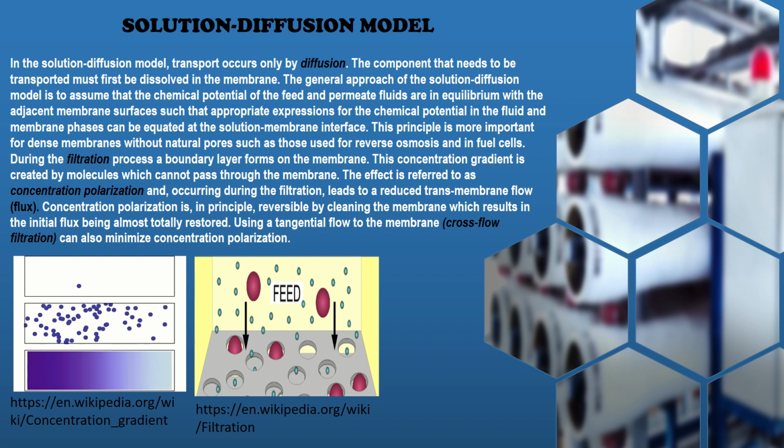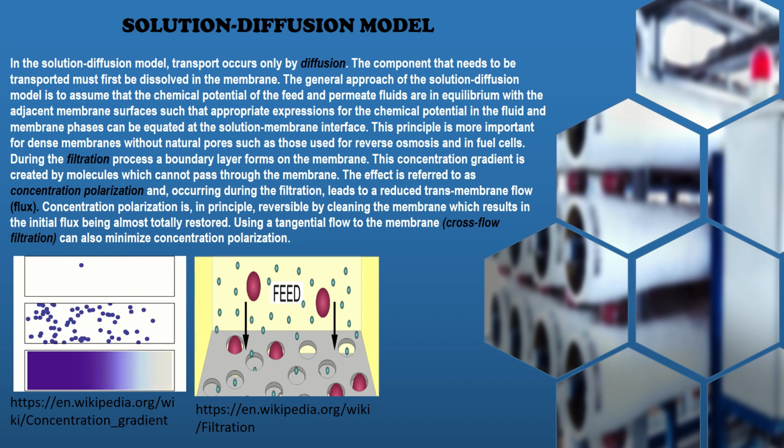This concentration gradient is created by molecules which cannot pass through the membrane. The effect is referred to as concentration polarization, and occurring during the filtration leads to a reduced transmembrane flow that is called a flux. Concentration polarization is in principle reversible by cleaning the membrane, which results in the initial flux being almost totally restored.